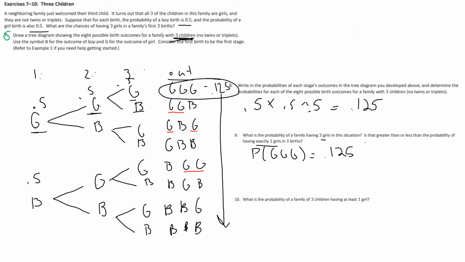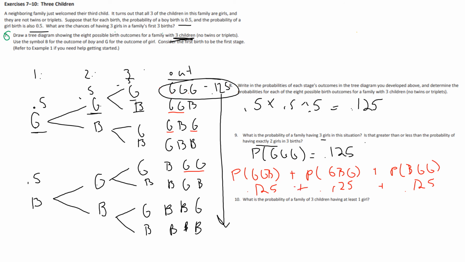So that would mean the probability of girl, girl, boy, plus the probability of girl, boy, girl, plus the probability of boy, girl, girl, which we know it's 0.125 each time. So you could do 0.125 plus 0.125 plus 0.125, or 0.125 times 3, which you get to be 0.375.